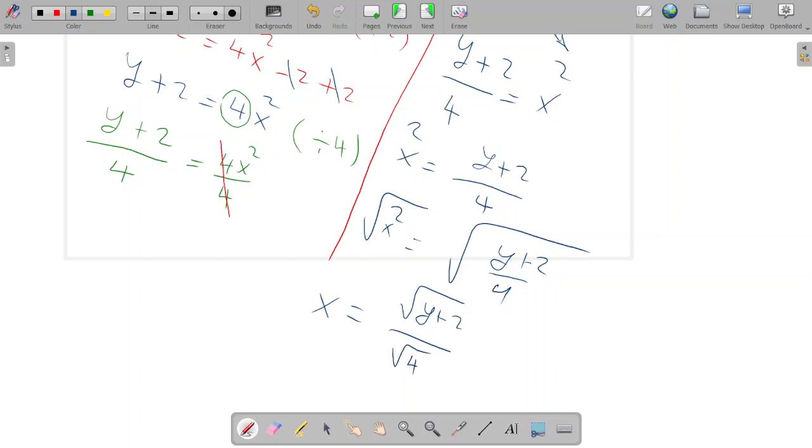Okay, we are dividing the numerator and the denominator separately so you don't get confused. So it's going to be equal to what? It's going to be equal to the square root of (y plus 2) over 2. It means that the final answer, x, is going to be equal to the square root of (y plus 2) over 2. Okay, and that's the final answer.